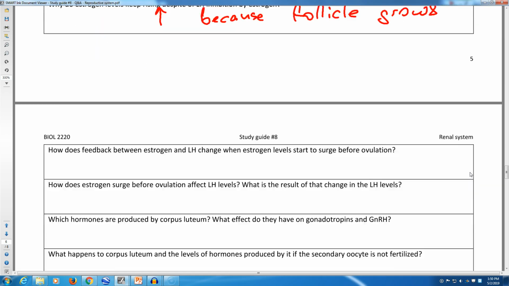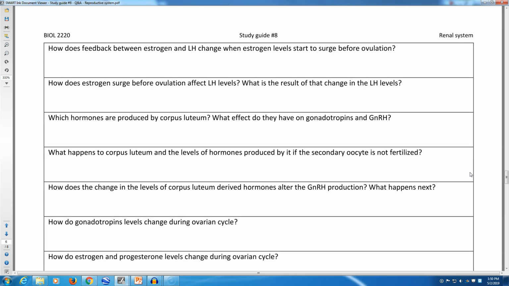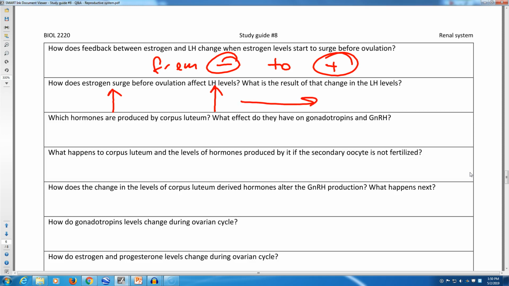Due to the size, it produces more estrogen. Feedback changes from negative to positive feedback. So estrogen surges, that increases LH levels, that leads to ovulation.